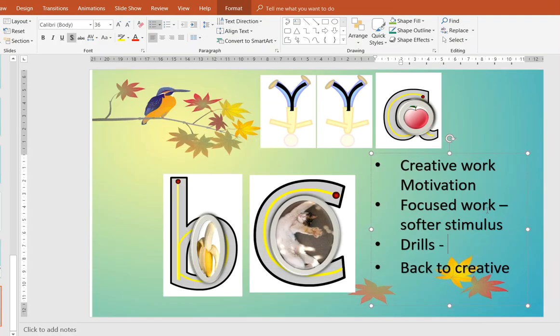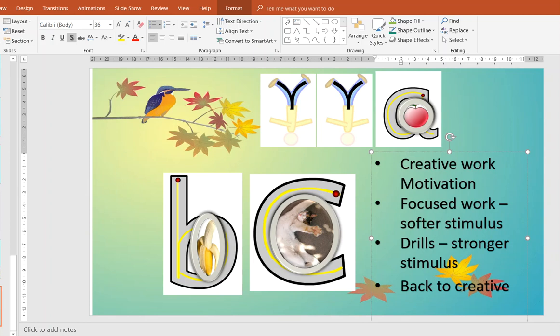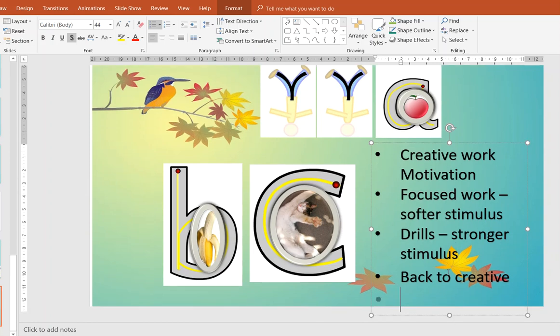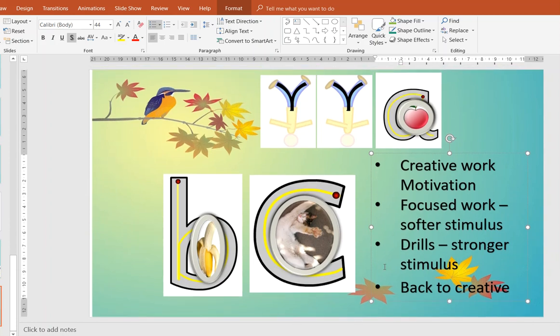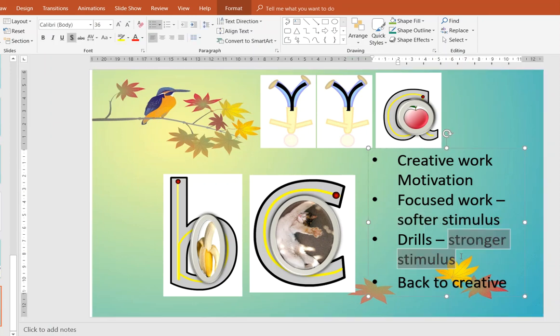And so there are drills. The drills are good because what drills do, they give a stronger stimulus, right? And it's all good. That's the competition. You increase the stakes in the game, and then you sort of drop it, and the students go back to the creative things. They continue doing their project. But softer stimulus first and stronger stimulus later on is how memory works. So the first one is, what was that? And this is when you actually start doing discerning, right?